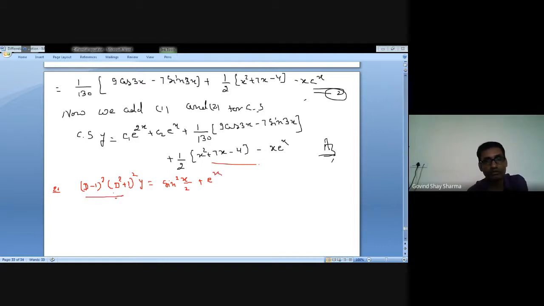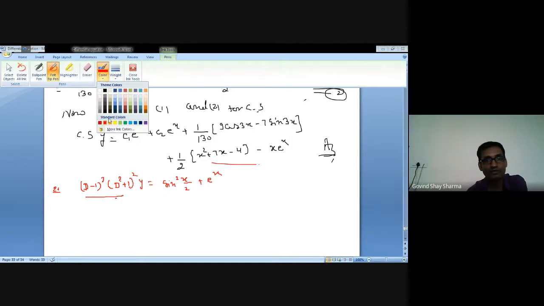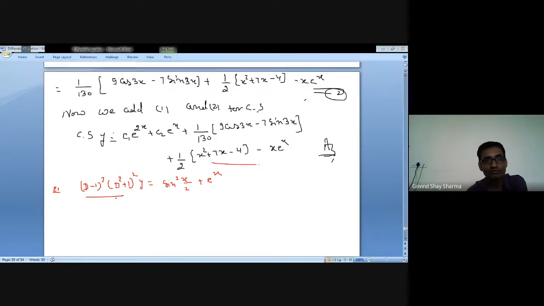Here the auxiliary equation is the same. Friend, you can try this question also. The auxiliary equation is m minus 1 whole square, m square plus 1 whole square is equal to 0. So here we get m is equal to 1, 1 and m square plus 1.